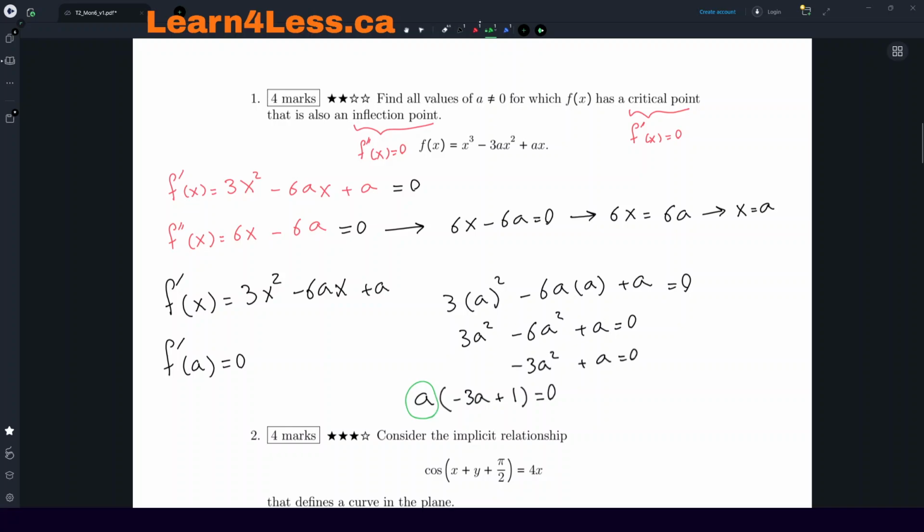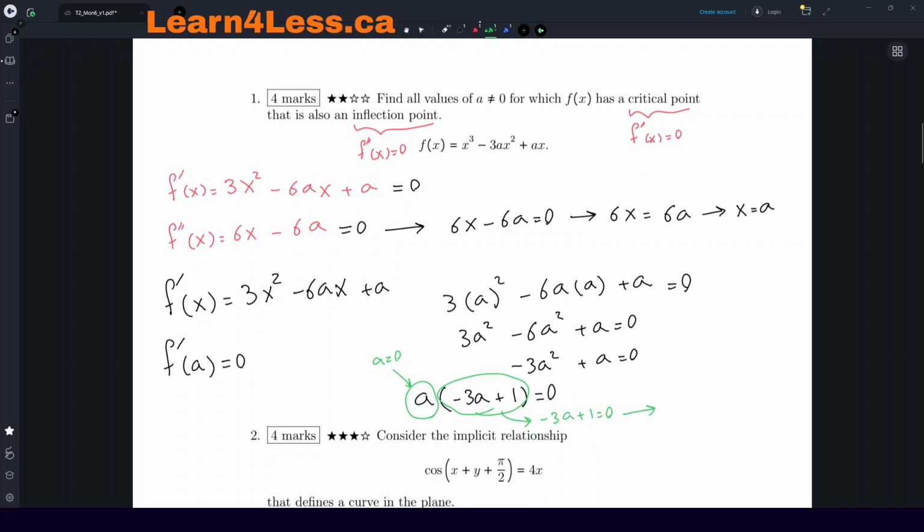Either this is 0, which basically means a is 0, or this bracket is 0, which means negative 3a plus 1 is equal to 0. A is 0 is not acceptable for this question because they said find values of a which are not 0. So a equal to 0 is not acceptable. So this is the only acceptable solution.